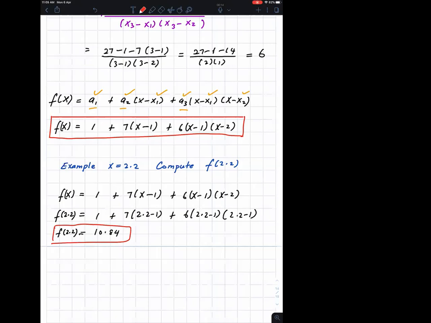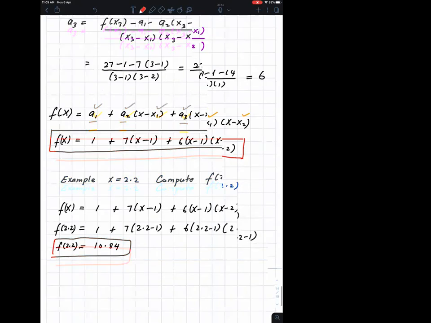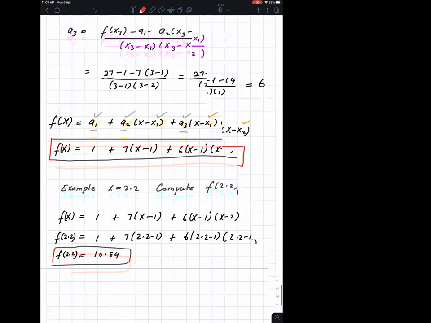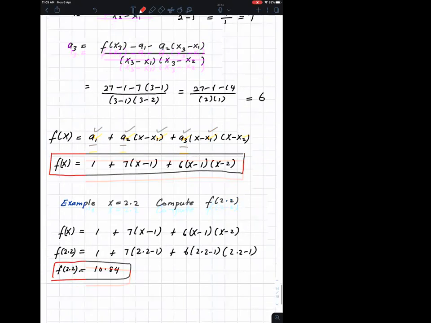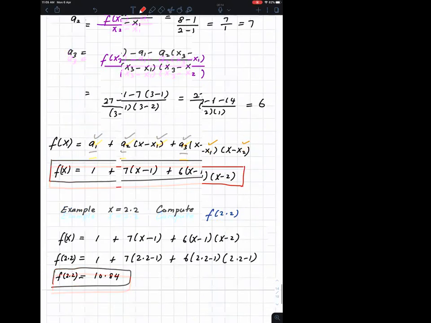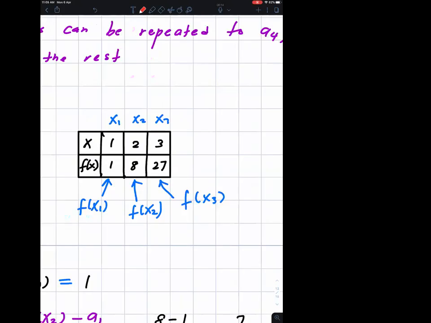So now you see the polynomial helps you to find values of fx for x when it's not given here. Once you find a polynomial, you can also find fx values for data that's in between 1, 2, and 3.